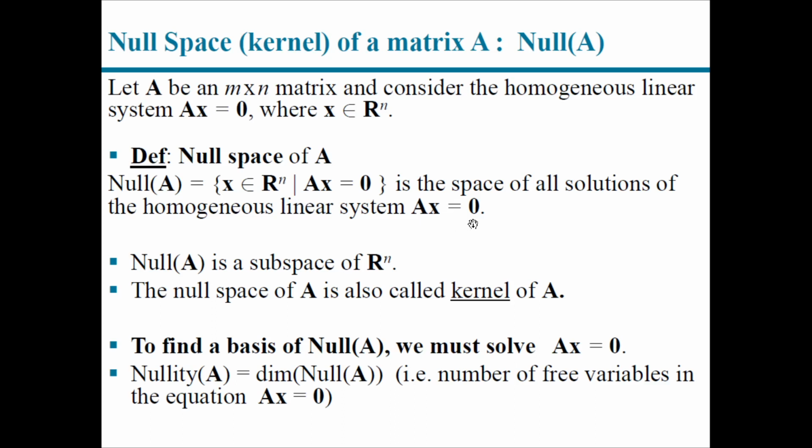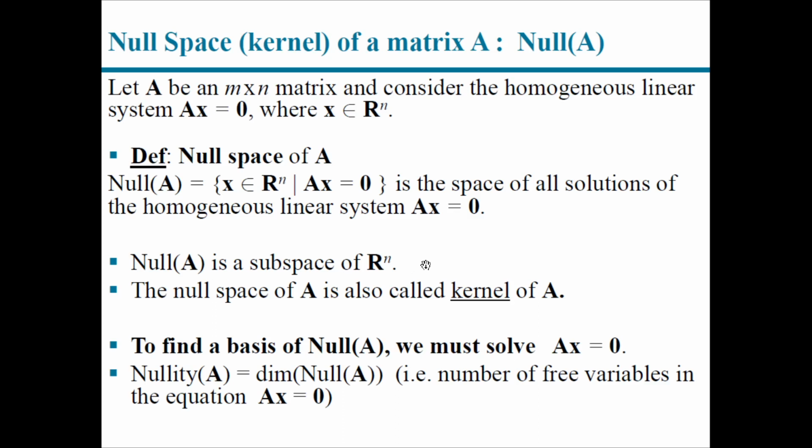We know that it always has at least one solution, x equals 0. Maybe it has infinitely many. So the set of all solutions of Ax equals 0 is a linear space, and the name we give it is the null space of A. And obviously it is a subspace of Rn, because we have n columns and x has n entries.